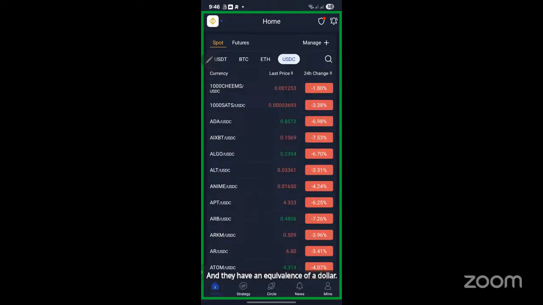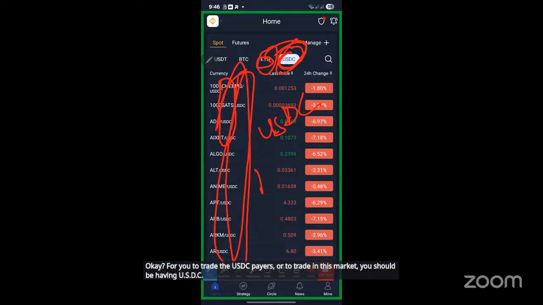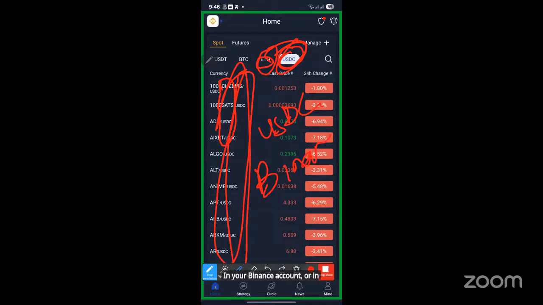If you are trading in the USDC market, it means you will be trading the USDC pairs, and you should be having USDC in your Binance account or in your exchange account.